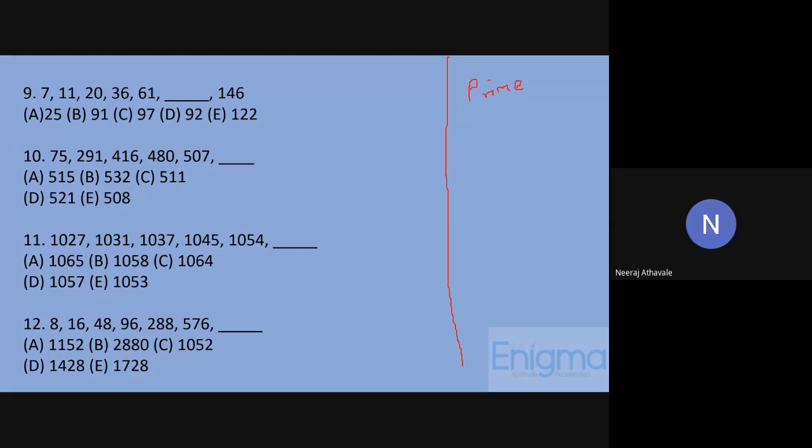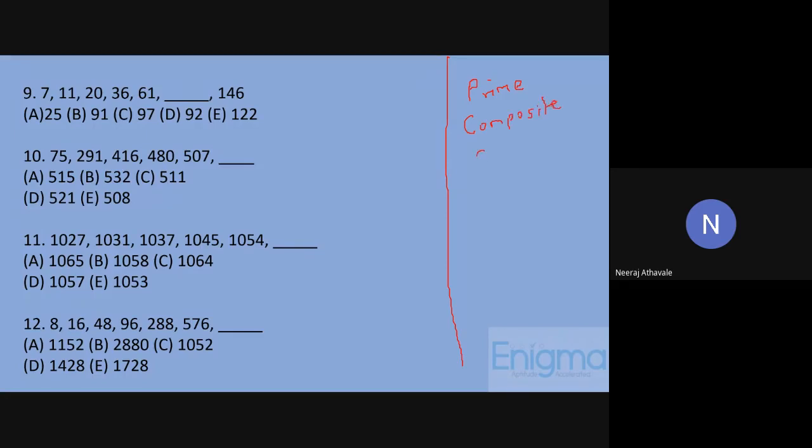the common reasons which are observed are there is something about prime numbers. Now, what do we say to numbers which are not prime? Composite numbers. Okay. So, prime numbers, composite numbers.